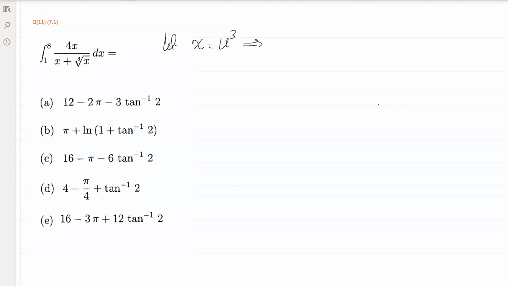And from here you see that u will be the cube root of x, and also dx will be 3u square du. And we know that if x equals 1, then u will be cube root of 1, which is 1.